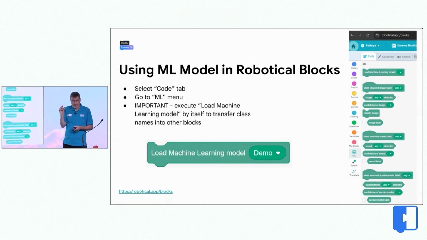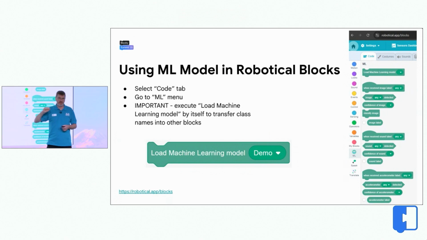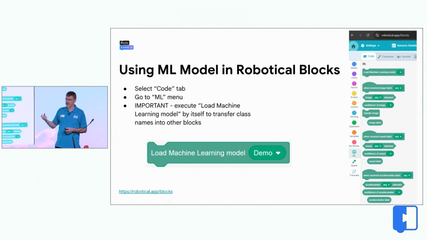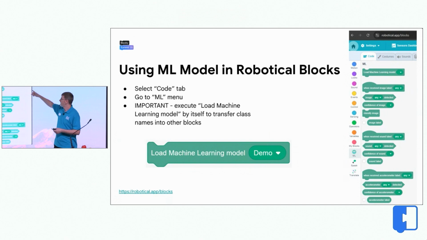The only kind of tricky thing, and if somebody's got a more creative way to do this, is we have to execute the load block first in order to be able to bring the class names into all of the other blocks. Now, if you're a student and you don't want to do that, you want to have everything happen at runtime, then you can use the variables because you define the classes, and so you can do the logic with the class names yourself.